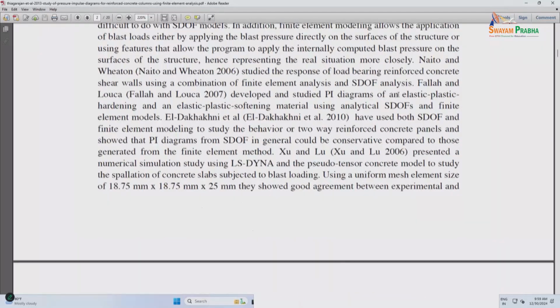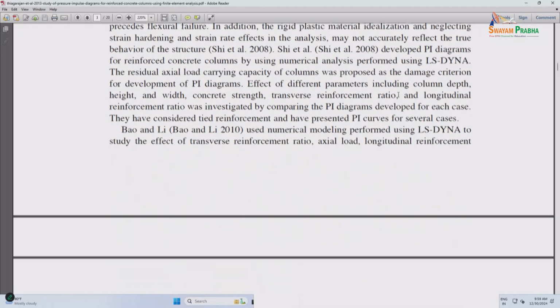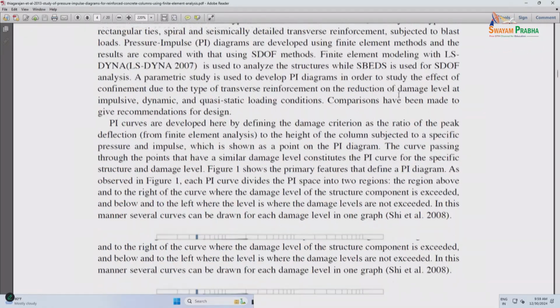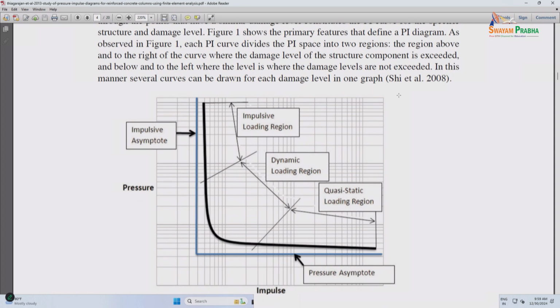What we did in this case is we talked about what the objectives are. So we see these different regions: the impulsive loading region, the dynamic loading region, and the quasi-static loading region. This region, as we talked about earlier, is very difficult to do analytically because you have to solve the differential equations.